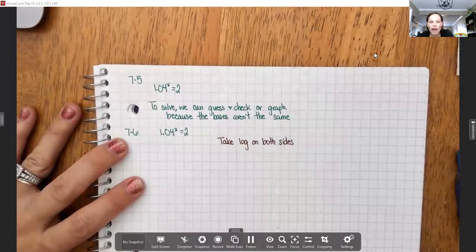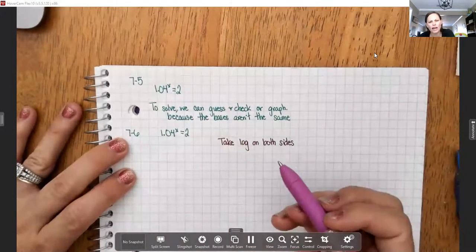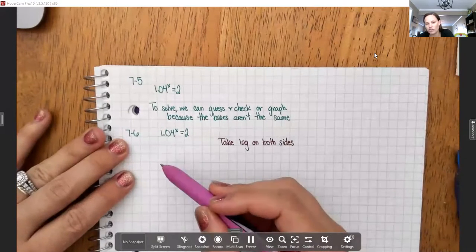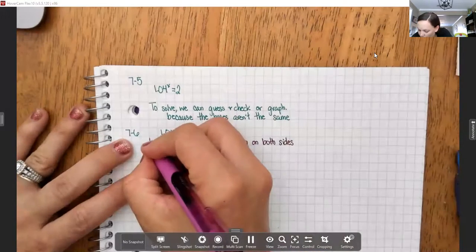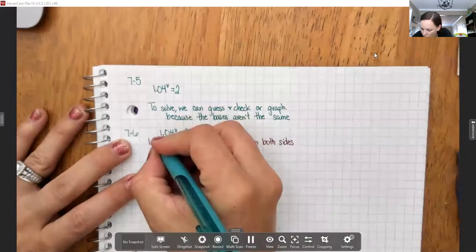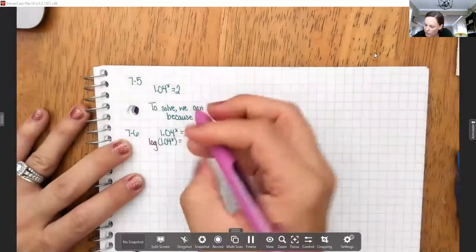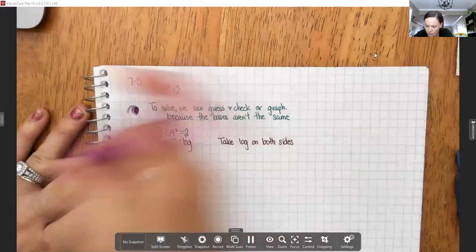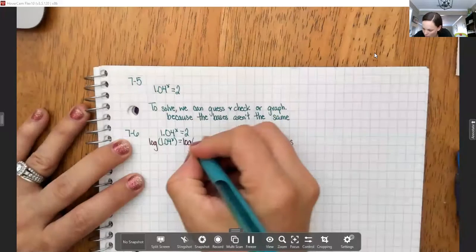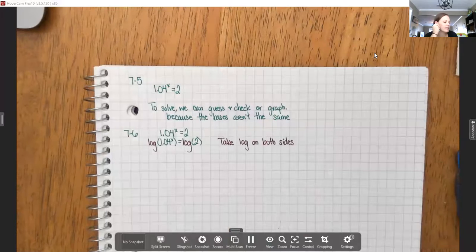What I mean by that is, you know how we use sine and cosine and we do the inverse of the trig and put that on each side. We're just going to take log and put it in front of both sides. So log of 1.04 to the power of x is equal to log of 2. I'm just putting a log in front. I'm doing the same function on both sides.